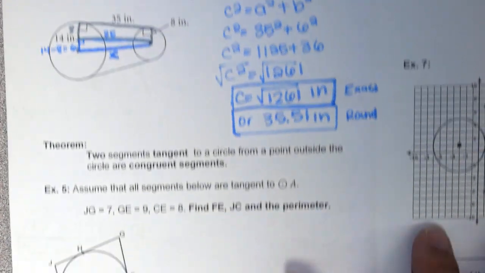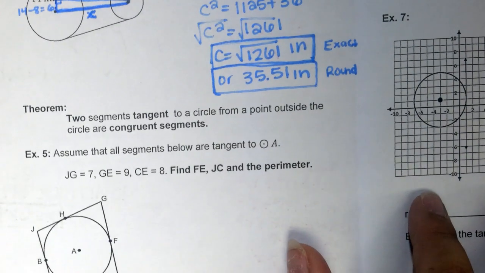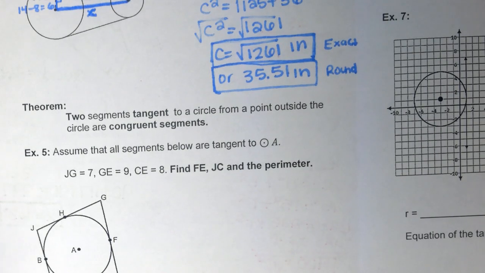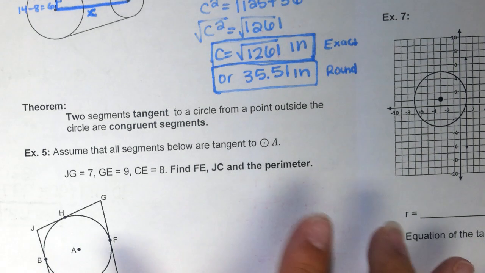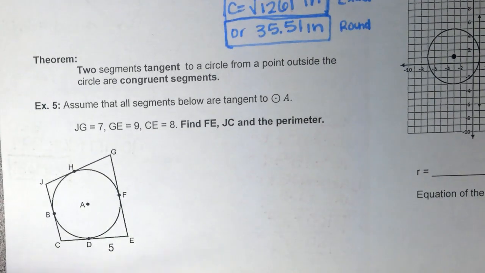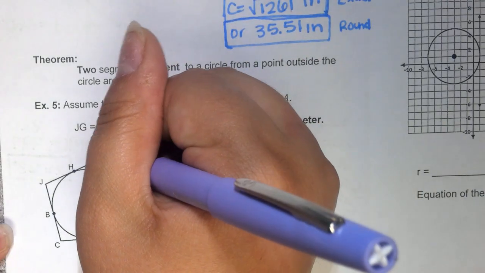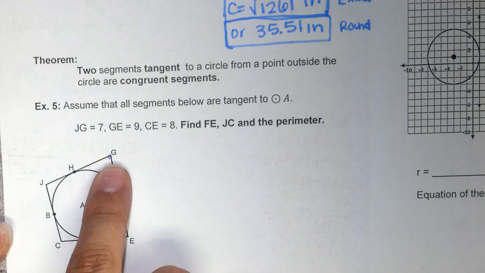Okay. The next property, I love this property. I don't know why, it reminds me of a puzzle. It says that two segments tangent to a circle from a point outside the circle are congruent segments if they intersect. So, look up. If all of these segments are tangent, do you agree these two tangents intersect at G?